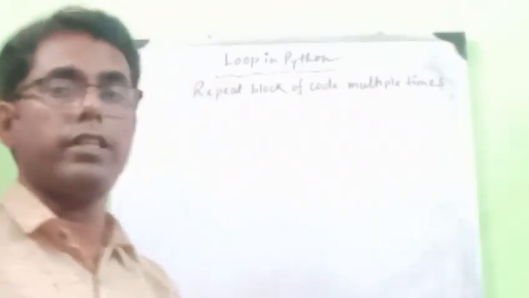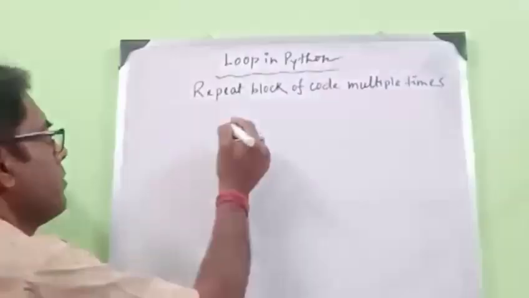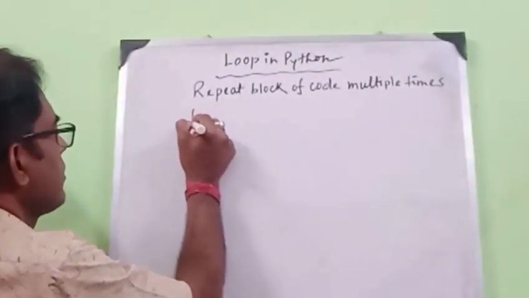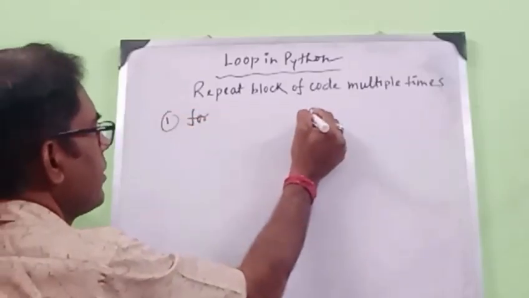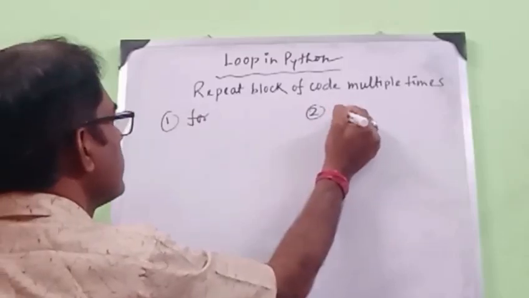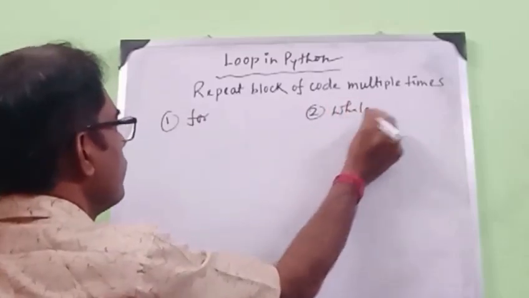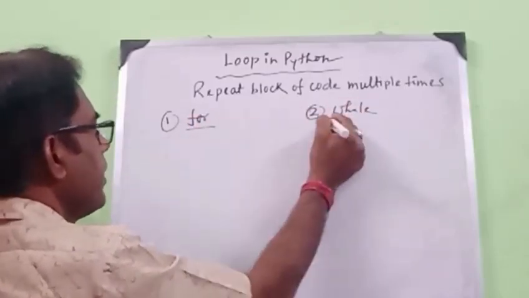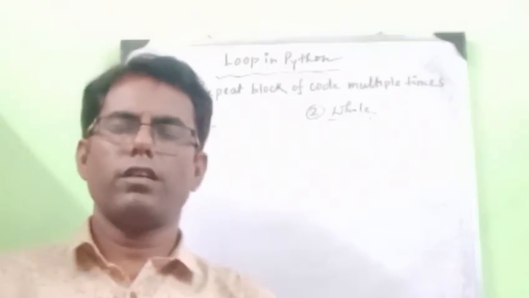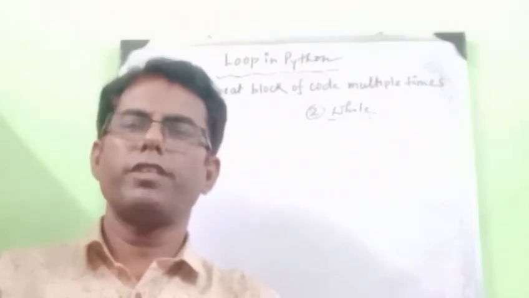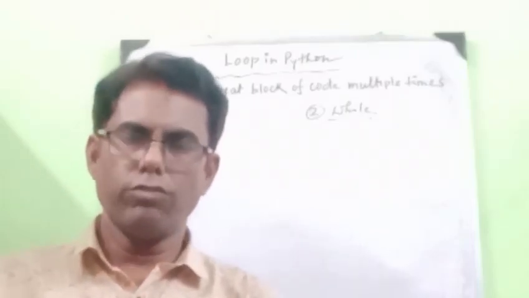Now, in Python, there are two types of loop. Number one is for loop, and number two is while loop. Generally, we use for loop when we know how many times we want to continue the loop.